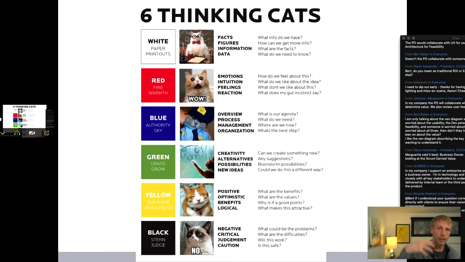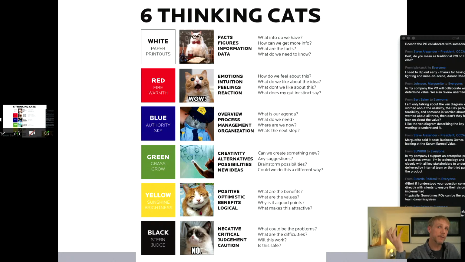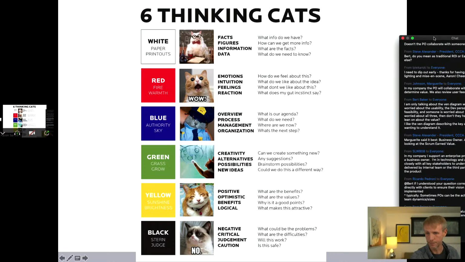Then there should be the facilitator keeping us on track, that we're moving through these thinking modes together collectively. Now that we have facts and reactions, let's talk about ideas against that. And then what are all the positive aspects of those ideas? And then finally, let's go Grumpy Cat style and critique through some of that as well.